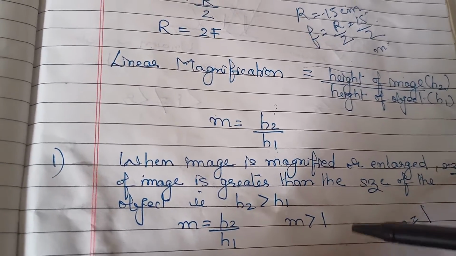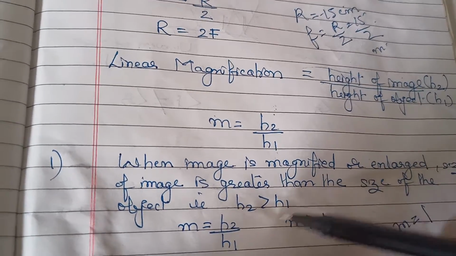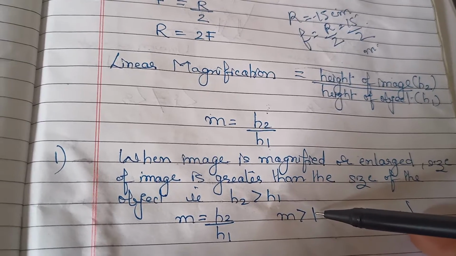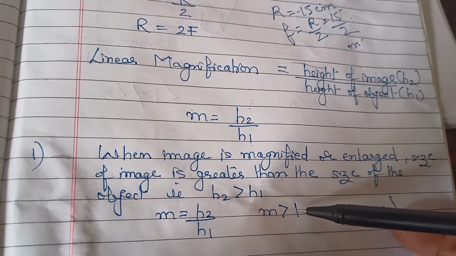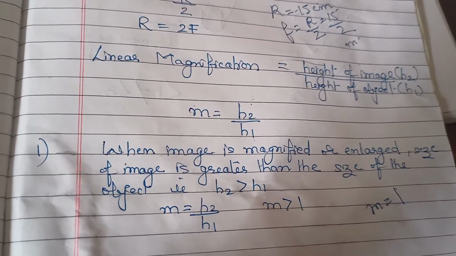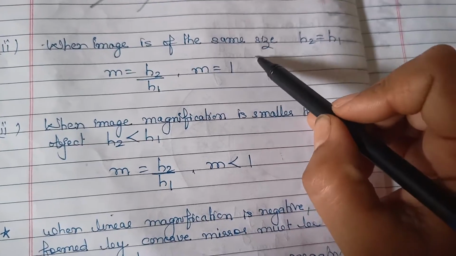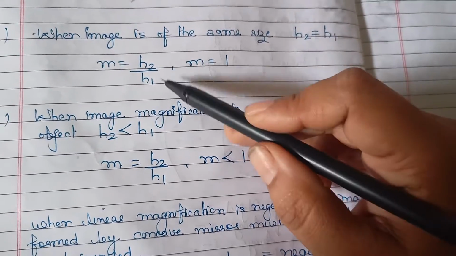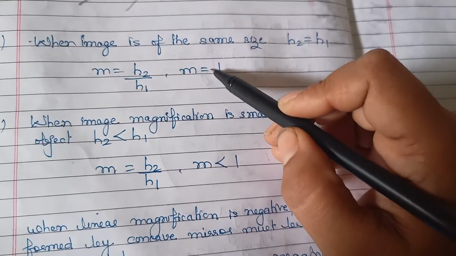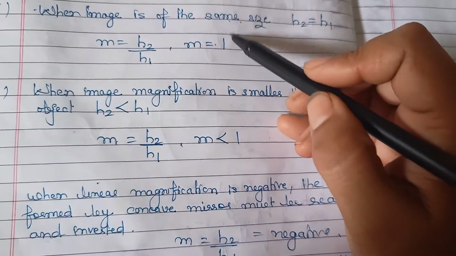So in that way we are comparing size of the image to the size of the object. So when m is greater than 1, size of image is greater than size of object. Then if it is equal, h2 equals h1, m is equal to 1, that means image is of the same size. Size of the object and image both are the same.